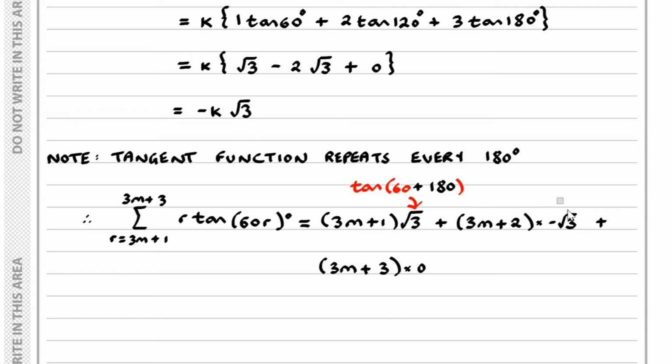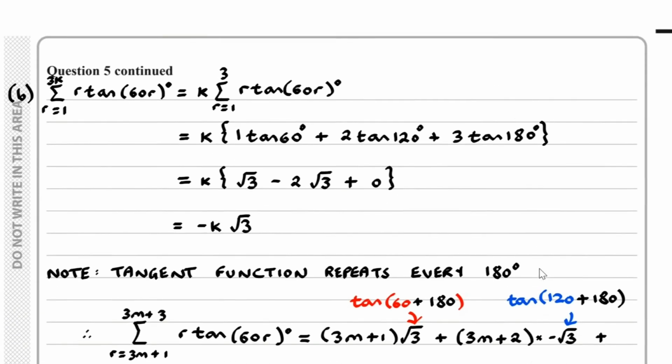This is the same as the tangent of 120 plus the 180, and this is the same as the tangent of 0, rather, the tangent of the 180 plus another 180.